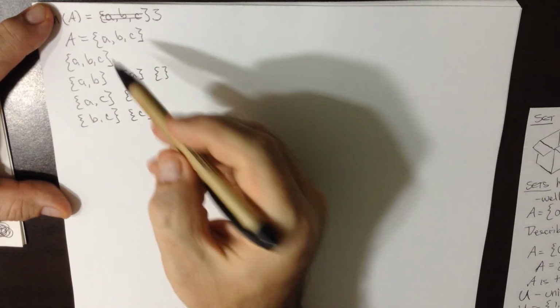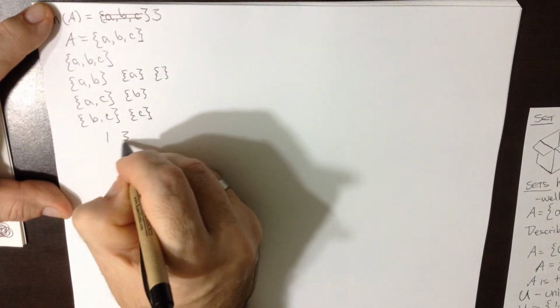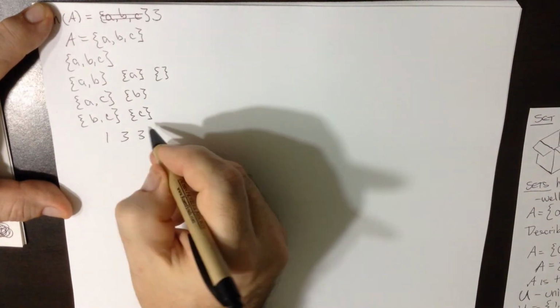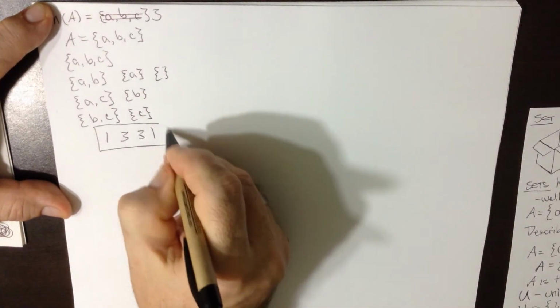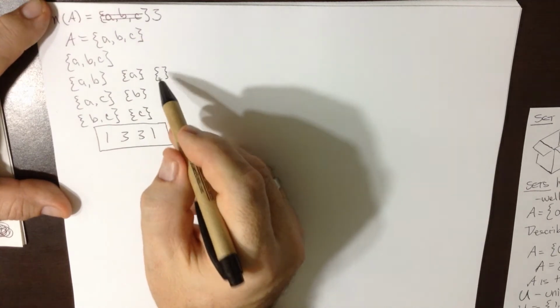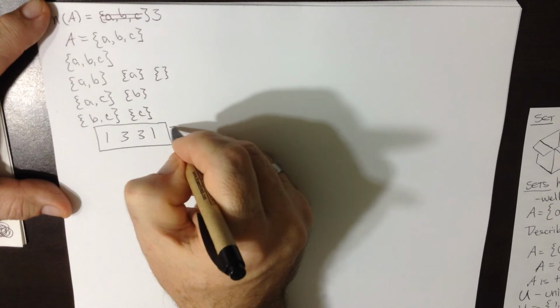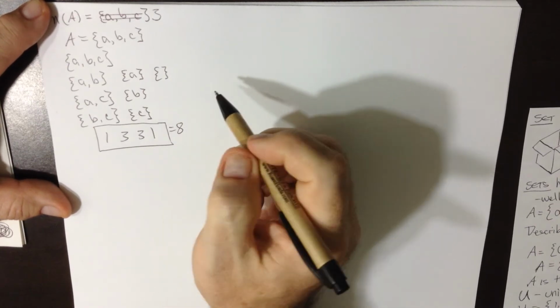And notice that's 1, 3, 3, 1. Recognize that? That's another row of Pascal's triangle. And 1, 2, 3, 4, 5, 6, 7, and the original set makes 8. The number of subsets is equal to 8.